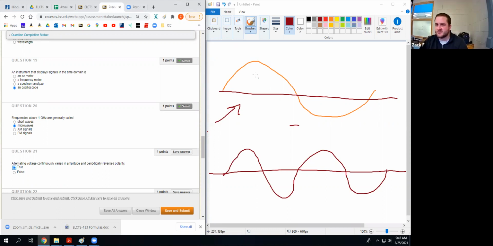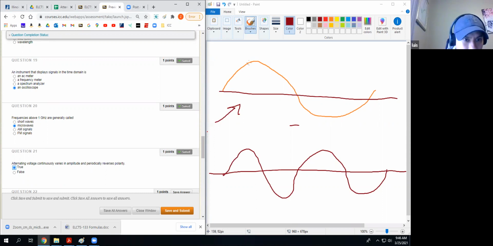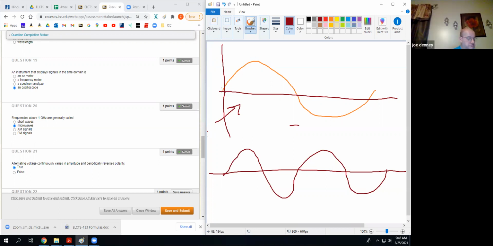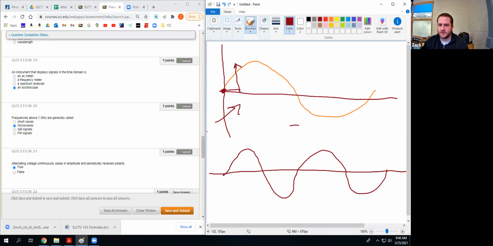What does amplitude mean? Strength of it. Basically the height of the peak. Amplitude is just a value greater than this line. So amplitude could be this way, it could be this way, and it's changing throughout time, right?